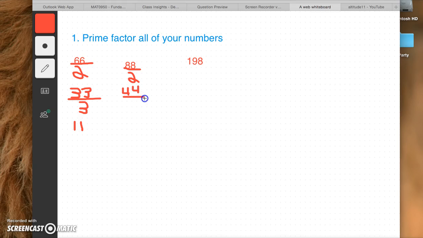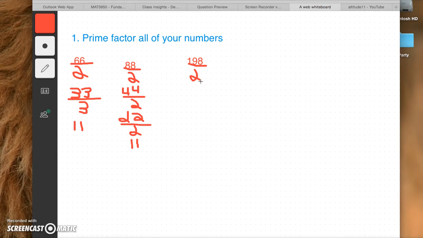We'll want to divide this by 2 again, and we end up with 22. And then we'll have to divide this by 2 again, and we end up with 11, which itself is a prime number. 198. Starting off, dividing that by 2.